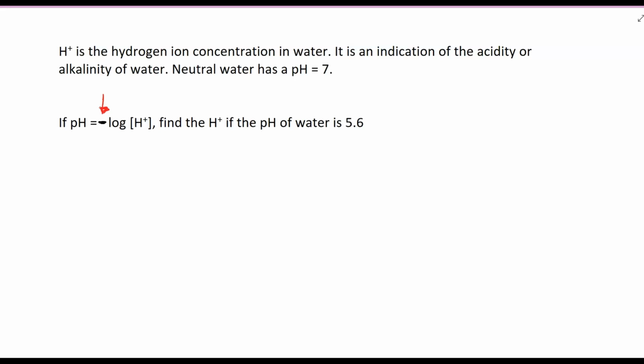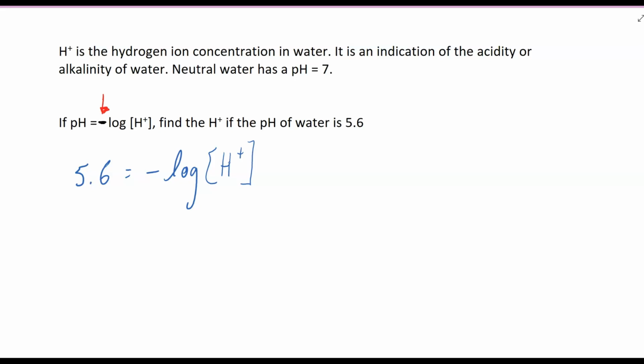So pH equals 5.6. So 5.6 is equal to negative log of the hydrogen ion concentration. That is the argument, right? This is base 10. So we have a logarithmic equation where the argument is the unknown, so we'll change to exponential form.